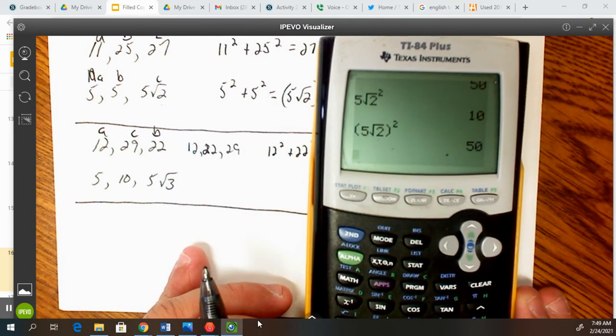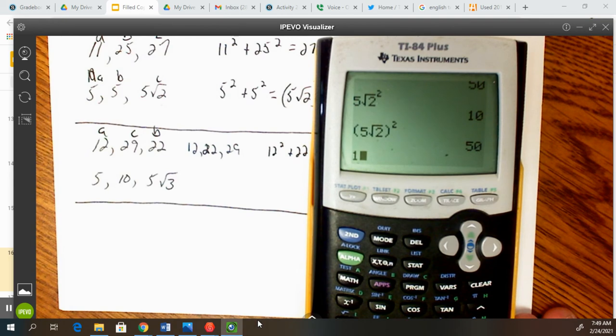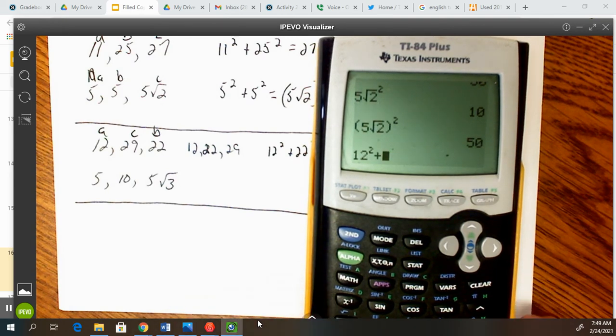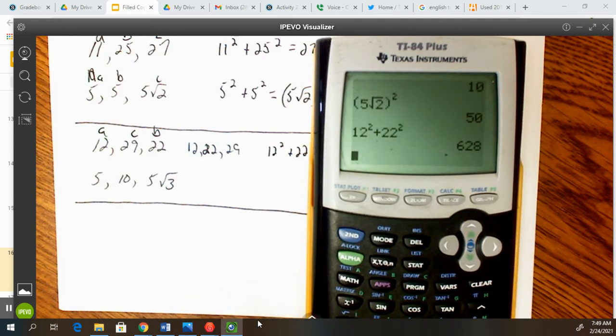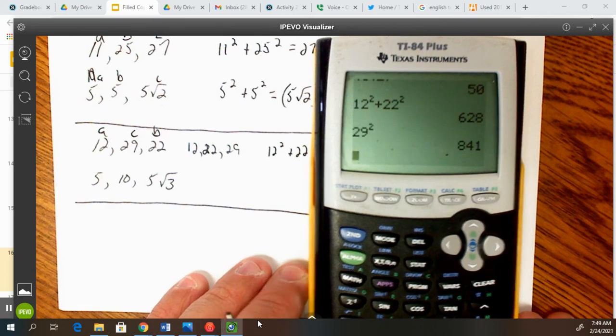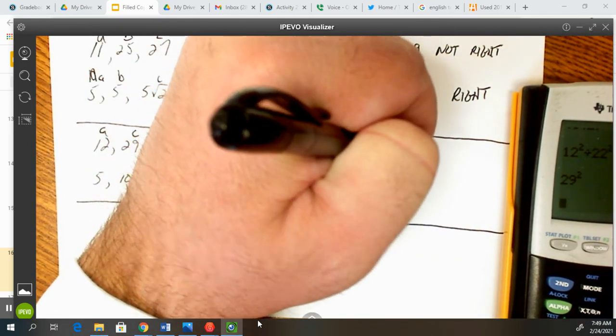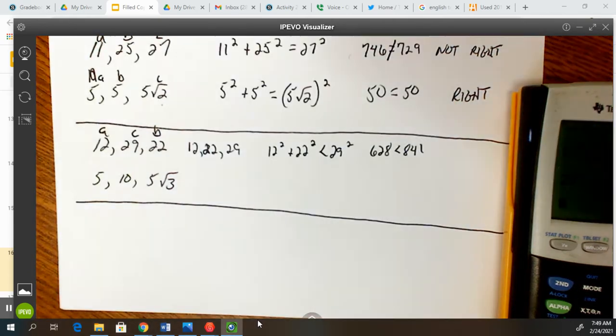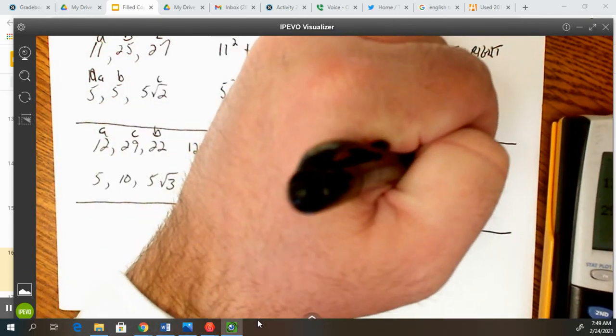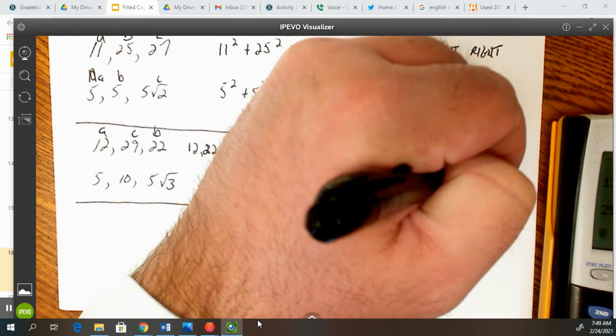So again, let your calculator do most of the work. 12 squared plus 22 squared is 628. 29 squared is 841. So is 628 less than 841? Yes. So this is obtuse.